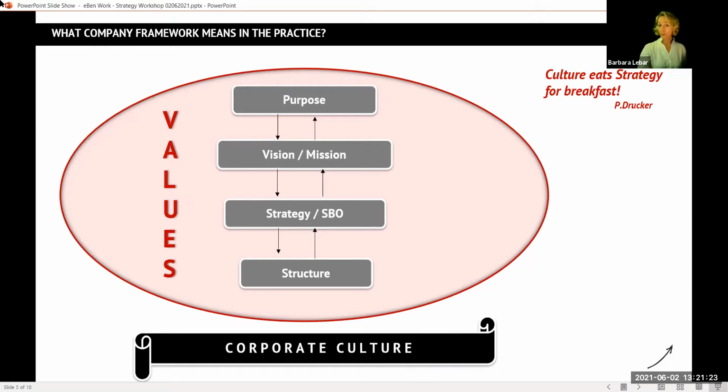So we still have the purpose, the vision and mission, the strategy with strategic business objectives and the structure. But what is essential is that what is going to make this operate are the values that we set in the company. And this is when we come to the so-called softer area, or today we also call this human skills or human capital.